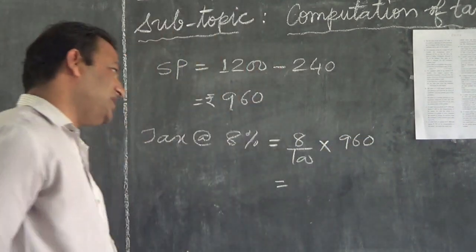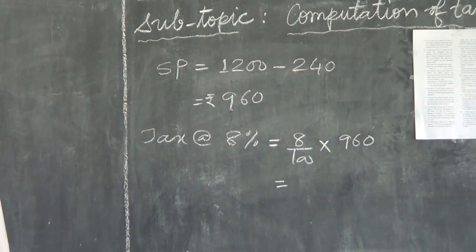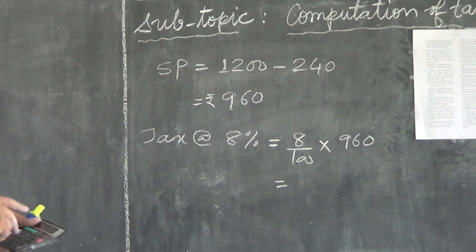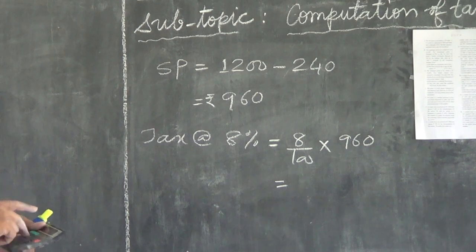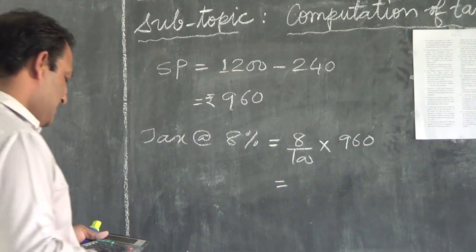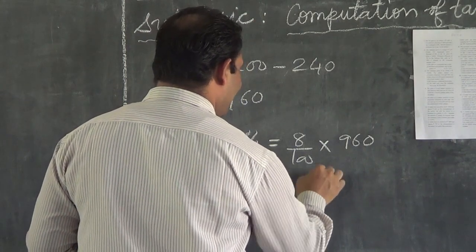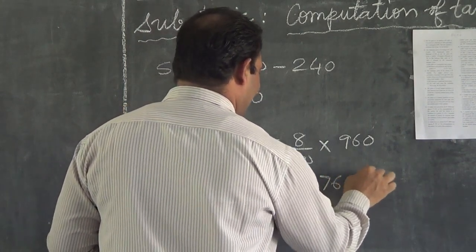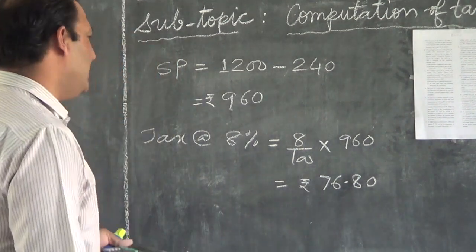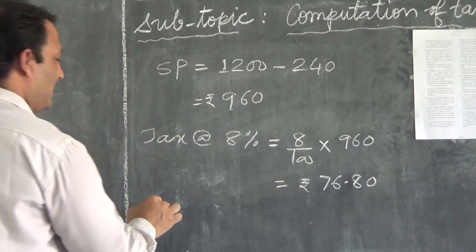That will give how much? 960 into 8%, 76.8. I wrote 0 because it is rupees and paise, 76.80.